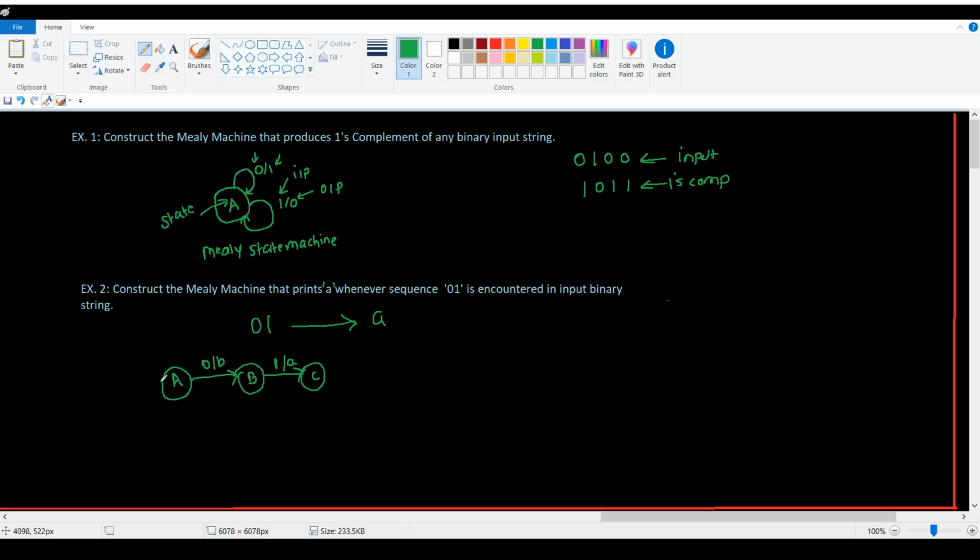Now consider this state A. When input is 0, next state will be B. When input is 1, next state should be A, and output will be B. Now in the B state, if input is 1, next state will be C and output is A. If input is 0, next state will be B and output will be B. Now at C, when input is 0, next state will be B.